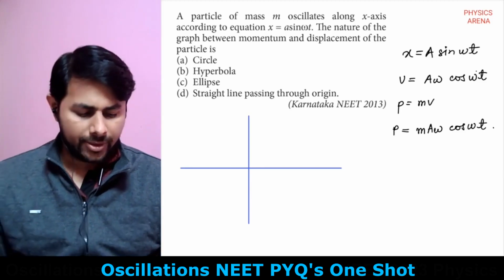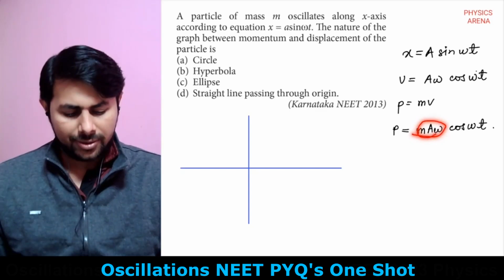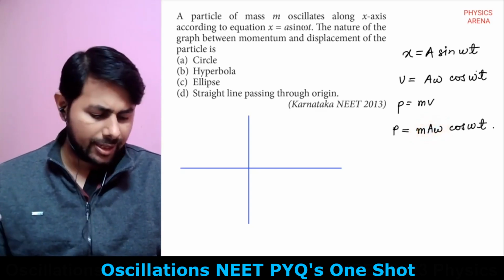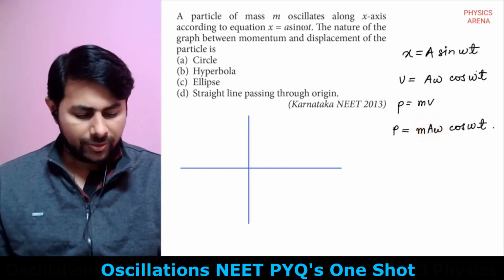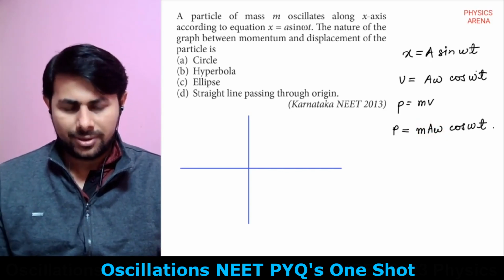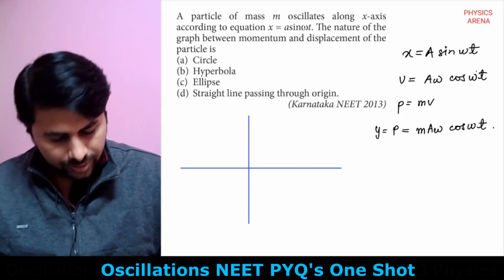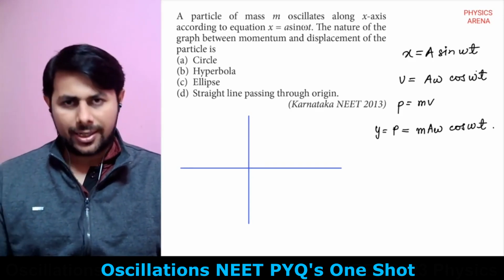Now if this was a only, that is if m and omega are equal to 1 and 1, then it could be a circle, right? We are going to plot this on y-axis.